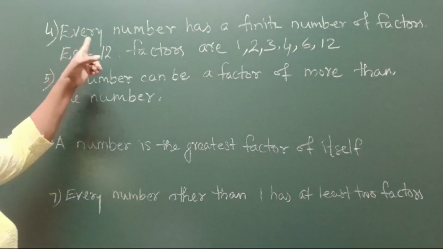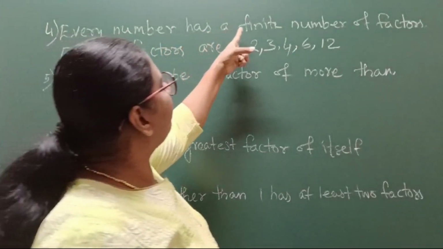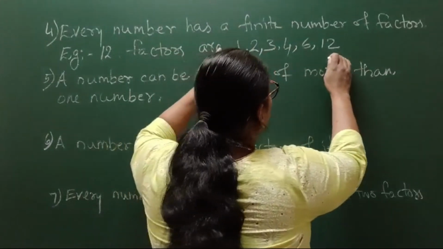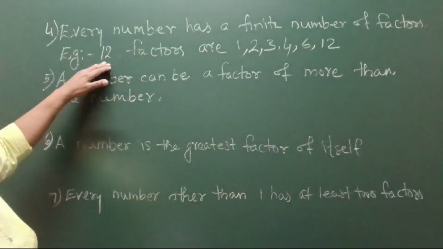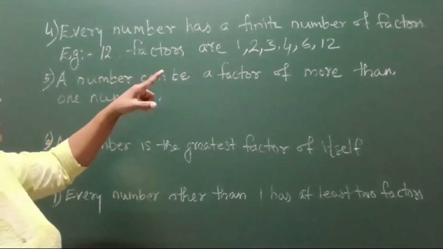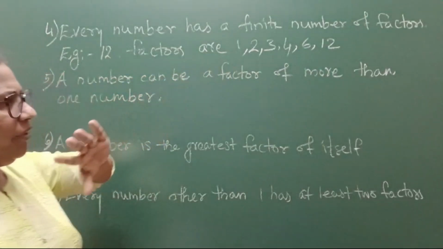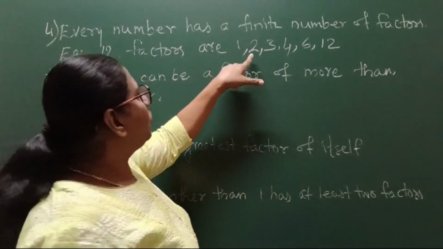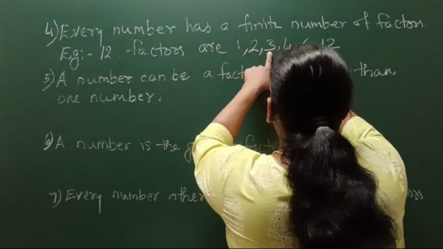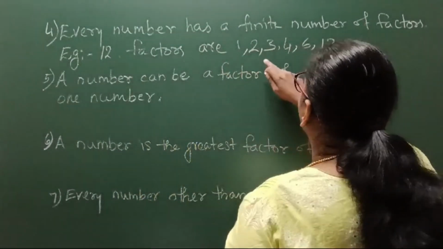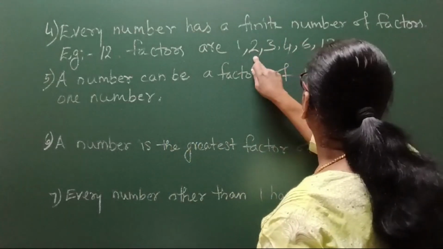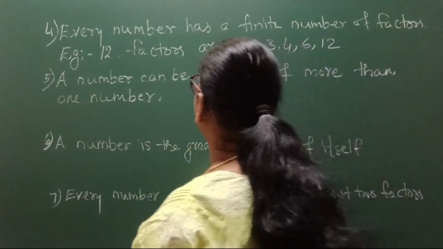Every number has a finite number of factors. This 12 cannot have more than this many factors. 1 is a factor of every number, then 2 6s are 12, 3 4s are 12, 4 3s are 12, 6 2s are 12, 12 1s are 12.